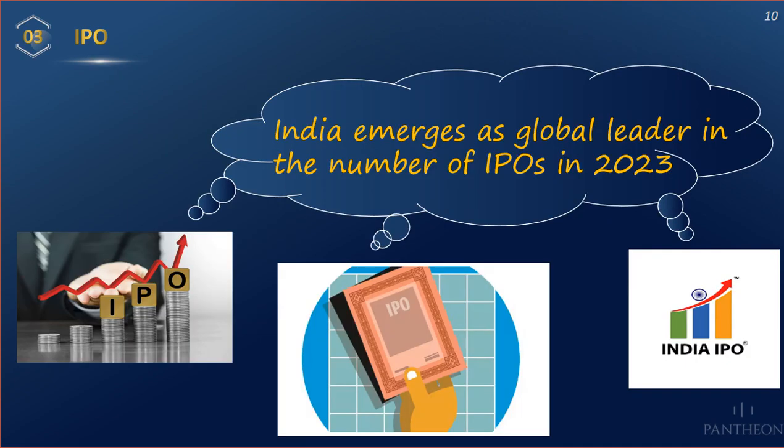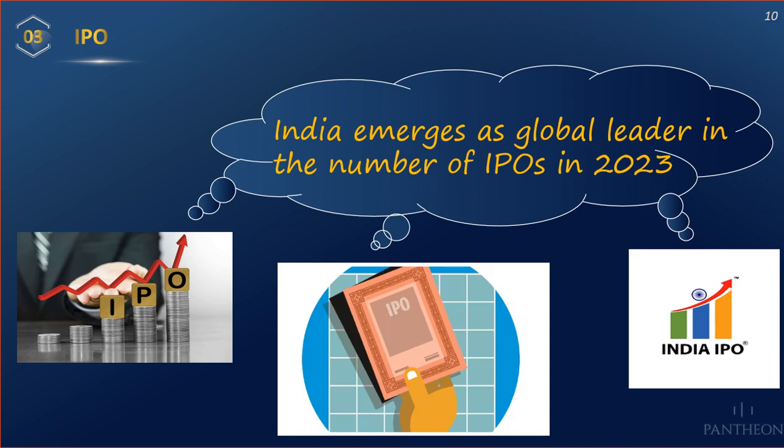Okay, in 2023, India ranked first in the world in terms of the number of initial public offerings, which is IPO, for the first time, making it a standout compared to other largest economies with lackluster growth.